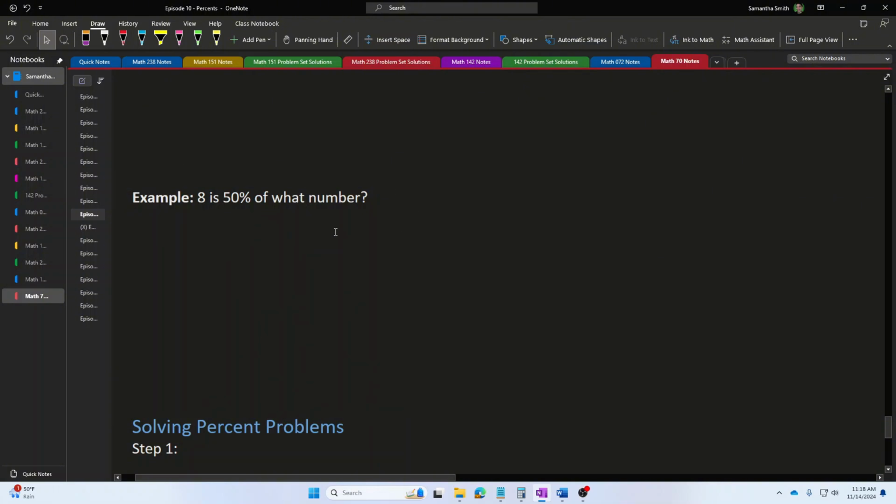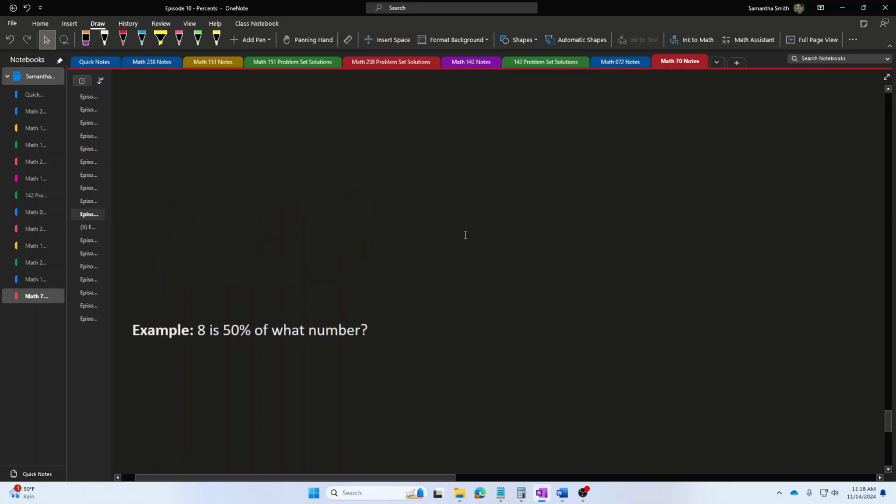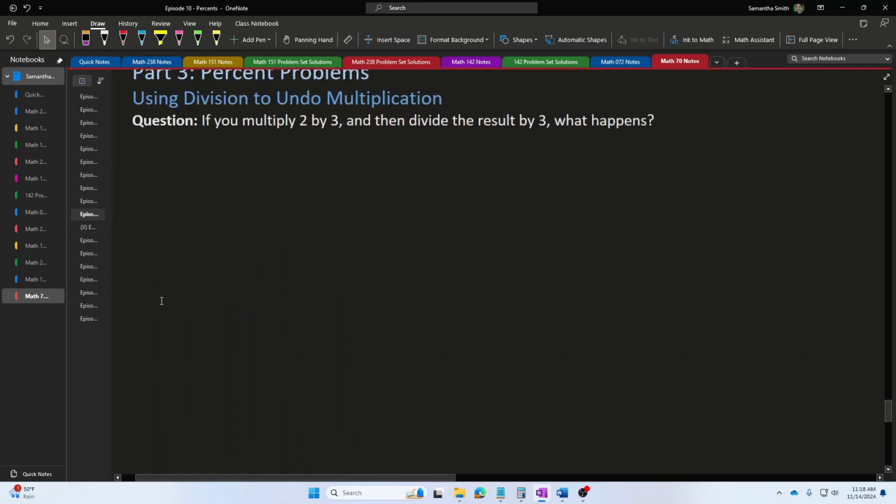Now, to answer a question like this one, I'm going to call your attention to a certain property of multiplication and division. And to show you the property that I have in mind, here is an exploratory question. If I start with a number, for example the number 2, and multiply it by 3, and then divide the result by that same number 3, what happens in the end?